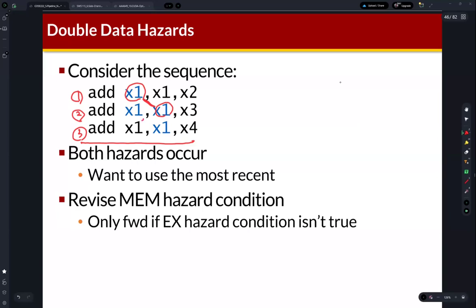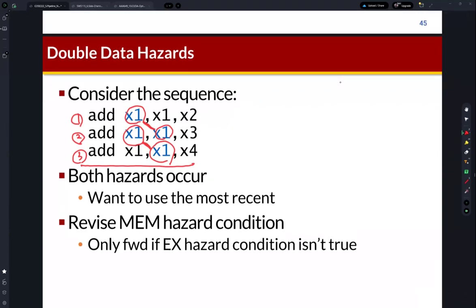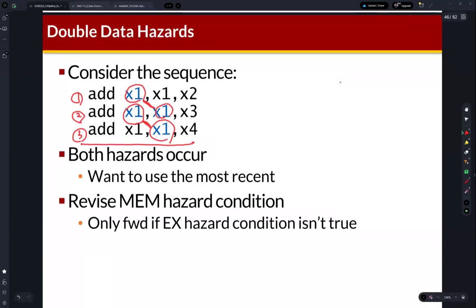Also you can find the data dependency between the second add and the third add, right? So if we just apply the data forwarding condition we investigated, then you can find that data forwarding is possible between the first add and the second add.